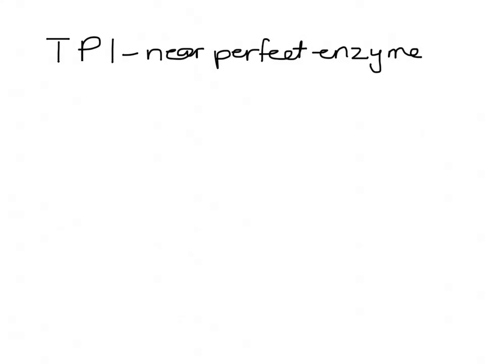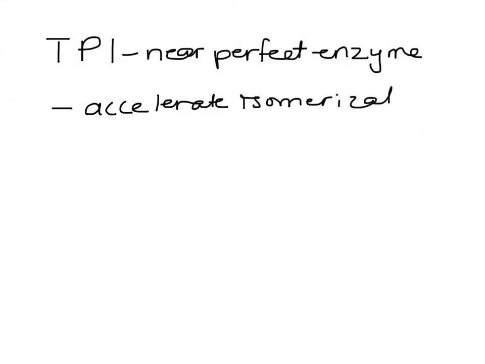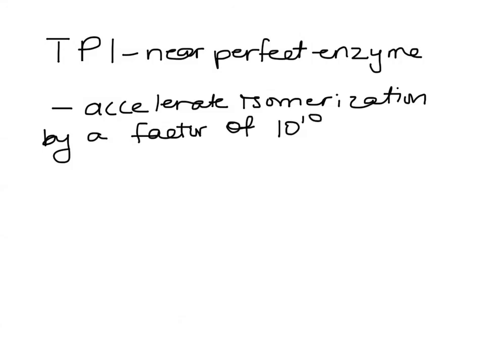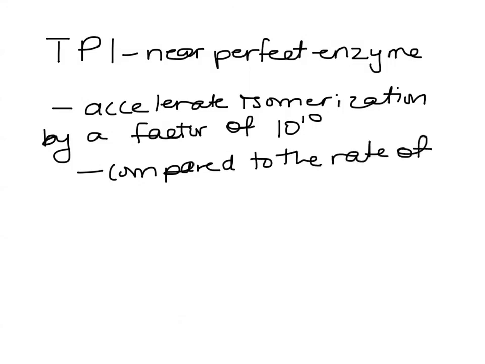If you look at the catalytic power of this enzyme, the enzyme is going to accelerate the isomerization by a factor of 10 times 10 to the 10th. So this is compared to the rate of the uncatalyzed reaction.